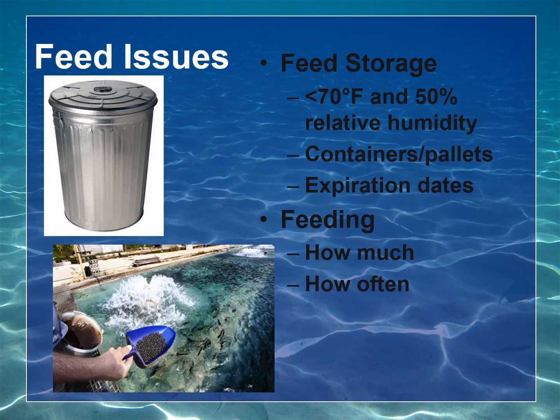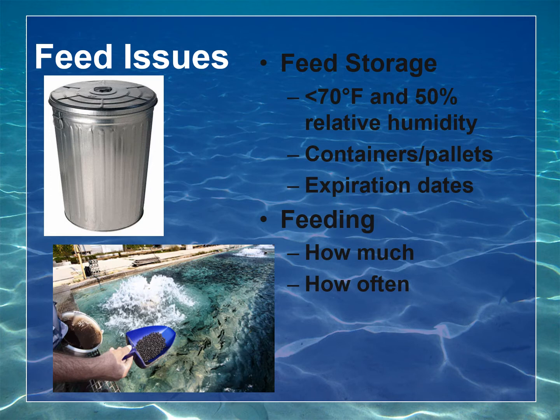There are commercial fish diets out there based on the species and their life stage. Ideally, feed should be kept in a cool, dry area to prevent mold. Temperatures less than 70 degrees Fahrenheit and 50% relative humidity is recommended for feed storage. Store feed in vermin-proof containers such as aluminum or metal cans, elevated on platforms such as pallets.